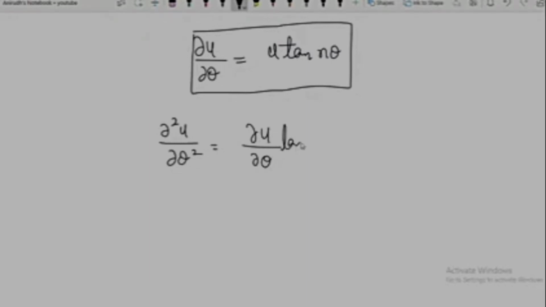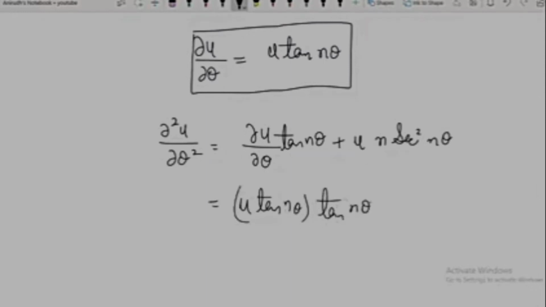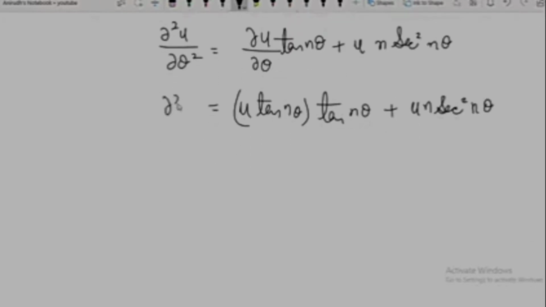Del u by del theta keeping tan n theta the same, plus keeping the u value, then differentiate tan n theta. The differentiation of tan n theta will be n secant square n theta. Here we can substitute the del u by del theta value, that is u tan n theta, keeping all other terms the same. Finally, we found the value of del square u by del theta square.